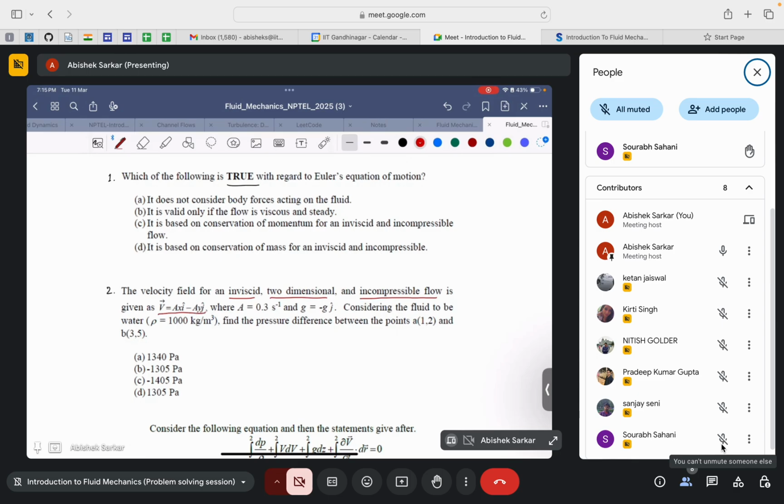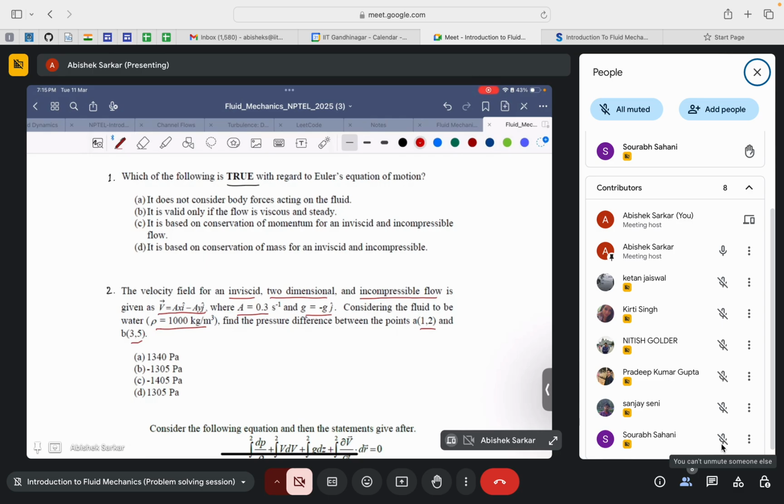A is 0.3 per second, and g is minus g j cap. Considering the fluid to be water of rho equal to 1000, find the pressure difference between the points 1, 2 and 3, 5, A and B. So I hope the question is clear.